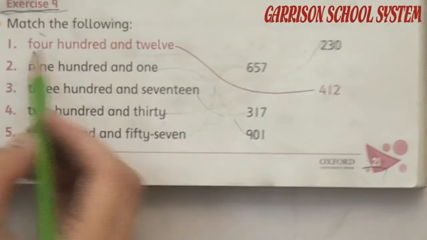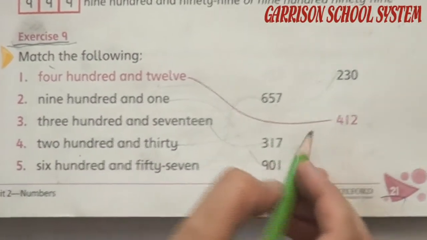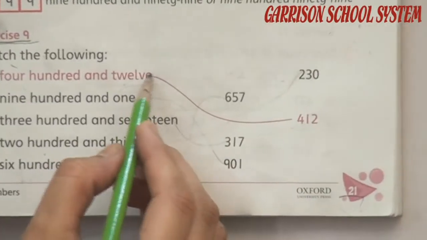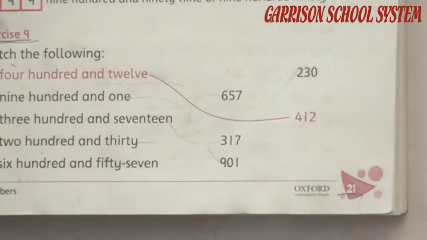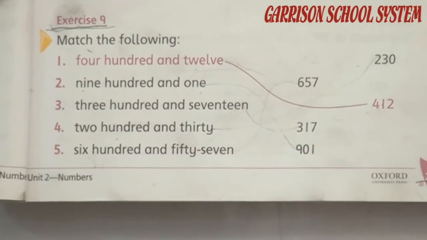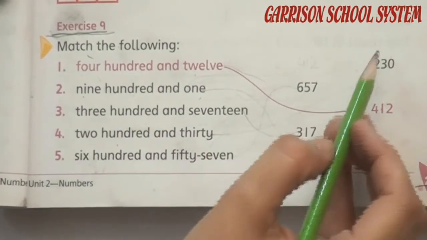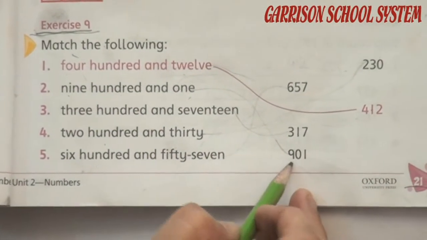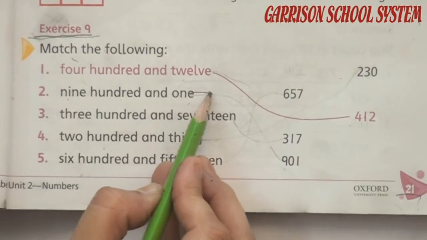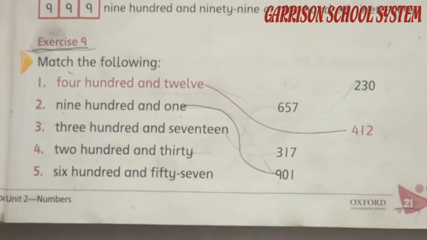First is 412. As you can see here, 412. We have to match this number with 412. Next is 901. Which number is starting with 9? You can see here 901. So we match these numbers.